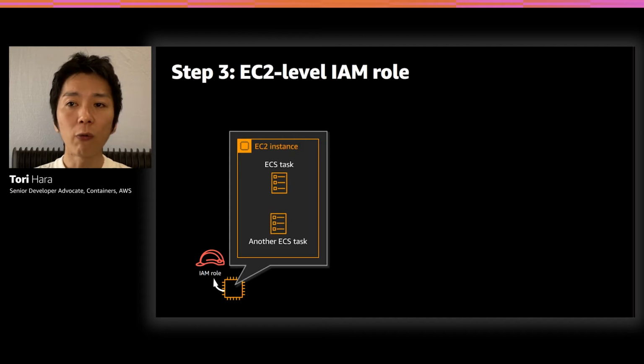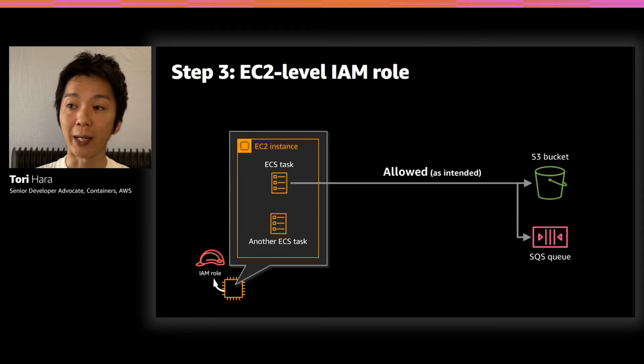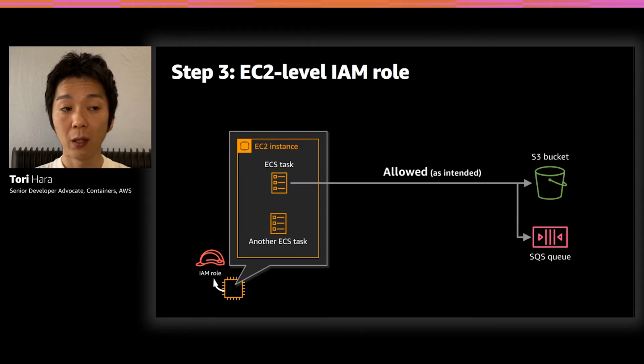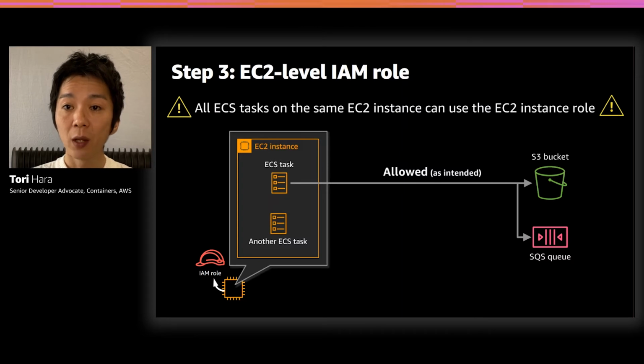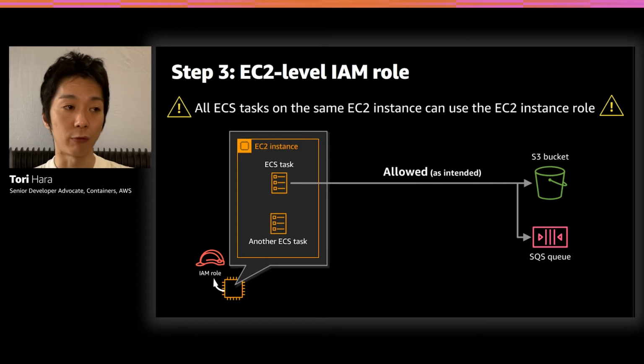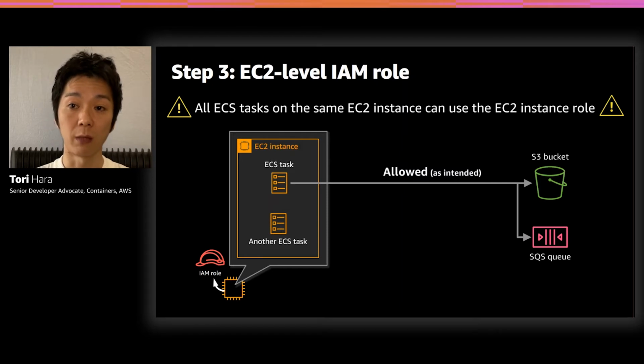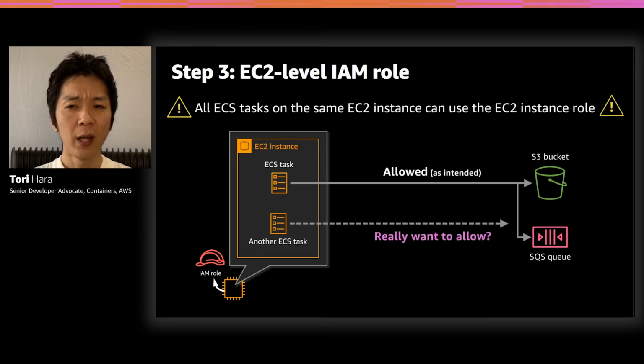Let's say you only want to allow the ECS task on the top to access the S3 bucket and SQS queue, but actually both ECS tasks can use the EC2 instance role to access those services. Is this what you really want? I don't think so.